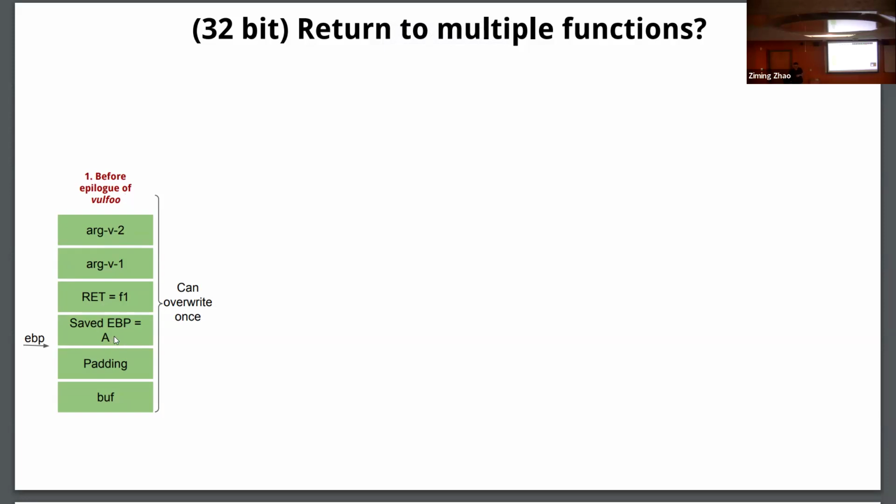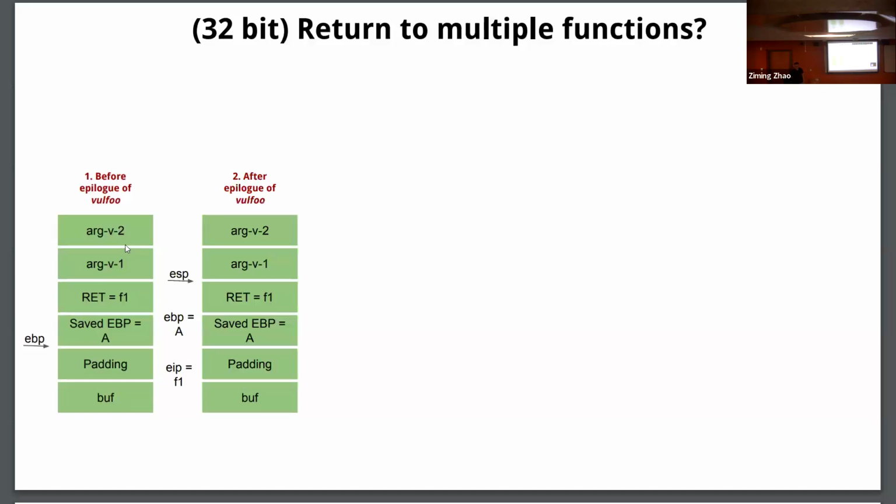The return address will be at F1. We put function one's address there. Then we put argument one and argument two for function one, their values, not their addresses.